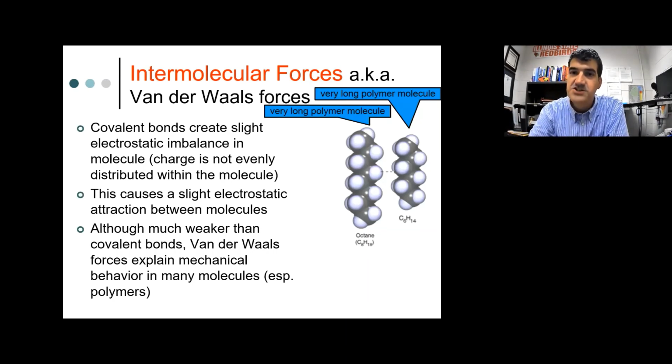So the general type of van der Waals forces, or intermolecular bonds, might be kind of like the way my 5-year-old plays with my 7-year-old. All right, so usually they do a pretty good job of playing together and sharing things, but it's not a perfectly even distribution.